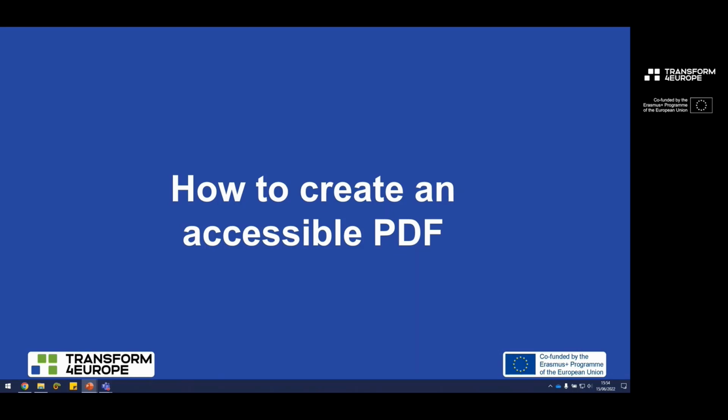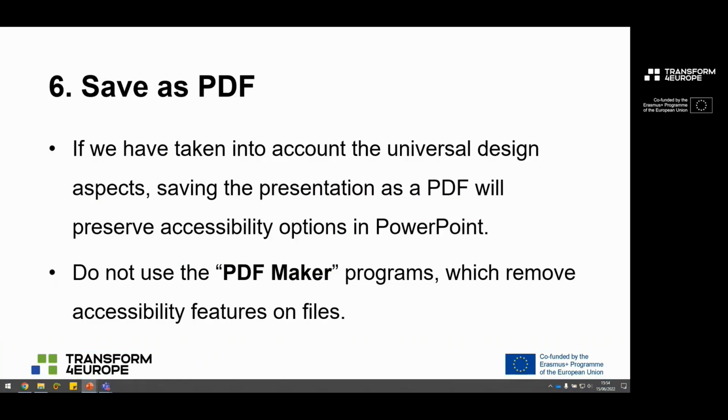So how do we do this? As long as we have considered all the aspects of universal design and we have resolved the accessibility errors that appeared in the check results list, we can proceed to save our presentation as a PDF. The PDF document will keep all the options we set while we were designing it.